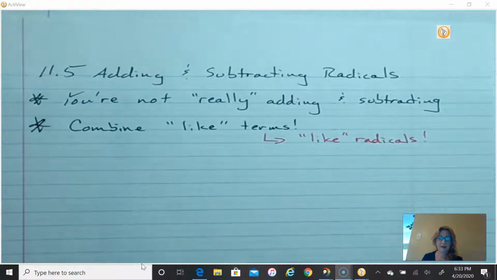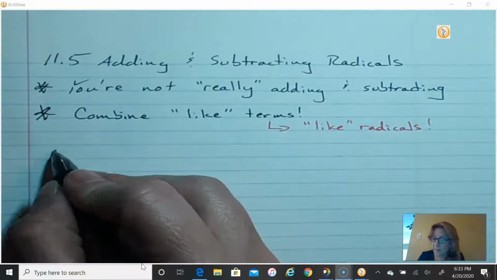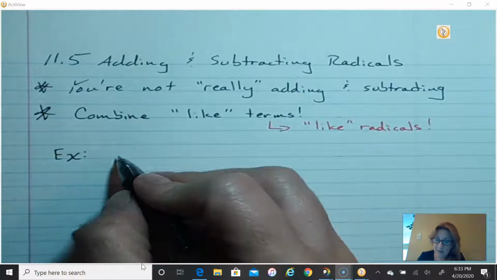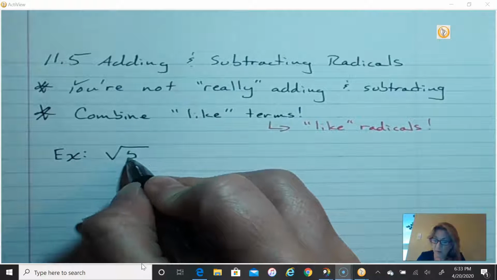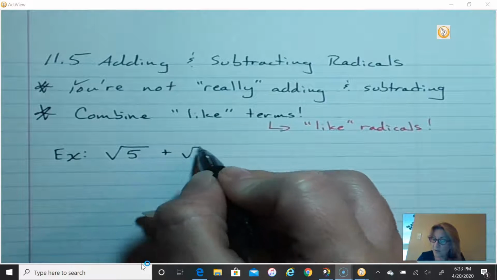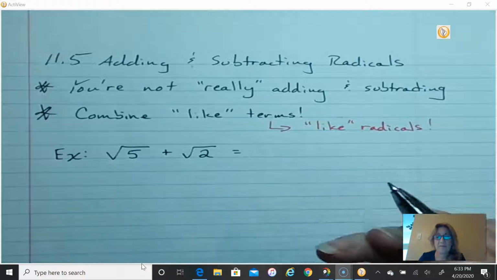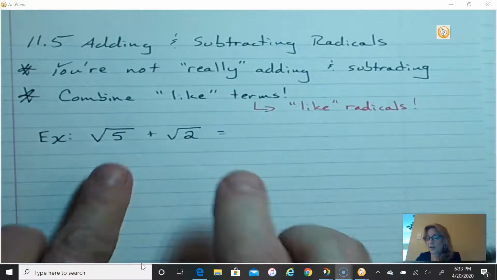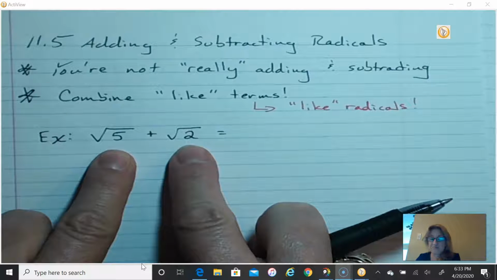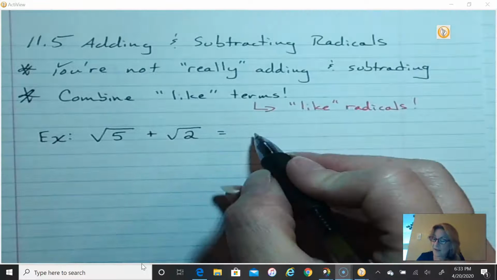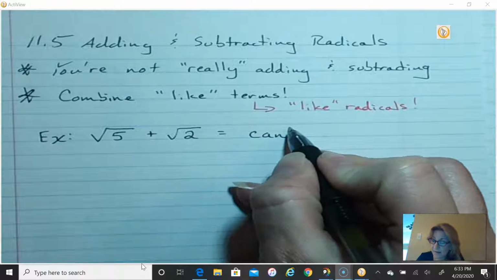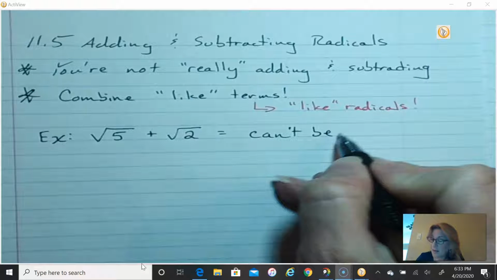So for example, the square root of 5 plus the square root of 2. Are these the same? No. Can't be combined.